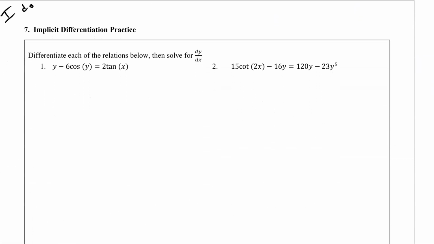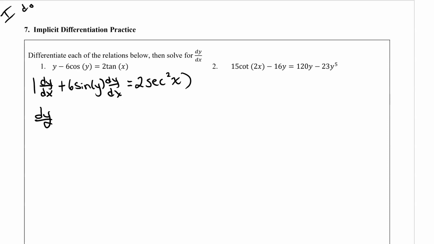So this one, the derivative of y is 1 dy dx. The derivative of cosine is negative sine, so we've got plus 6 sine y. And then we just did a derivative with a y, so we need to include a dy dx. And then over here we've got the derivative with just an x, so this is just going to be our normal derivative. We want to solve for dy dx. All of our dy dx terms are on the left, so we're just going to factor out.